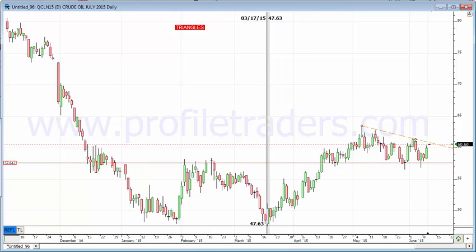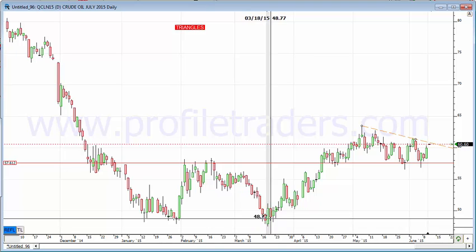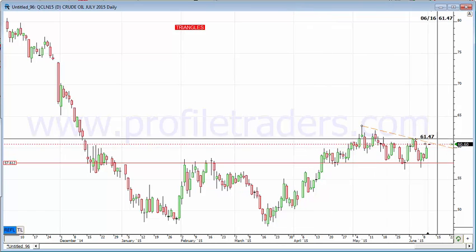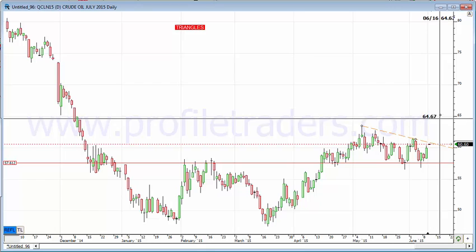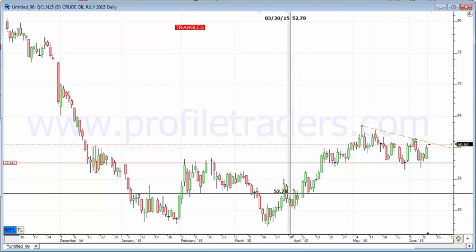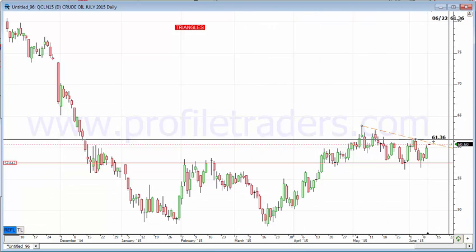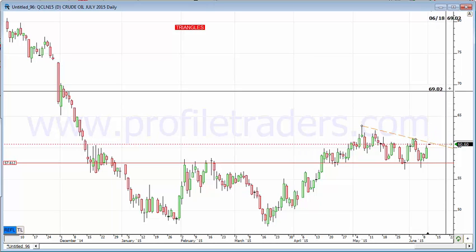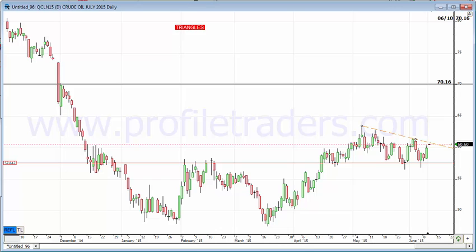Therefore, if I measure this more or less from 47.6 to 57.6, that's about 10 points. If we truly want to exit here and put the same range that we have below on the upside, we should then have 10 points upside from 60, which should take us to $70.